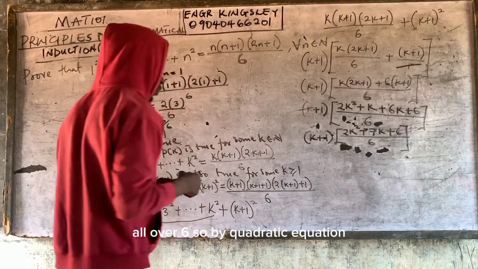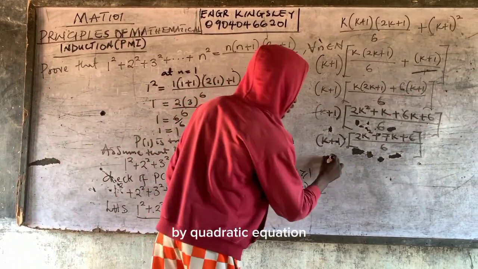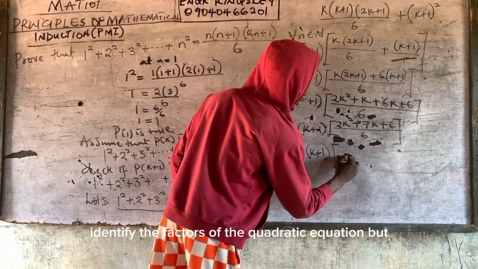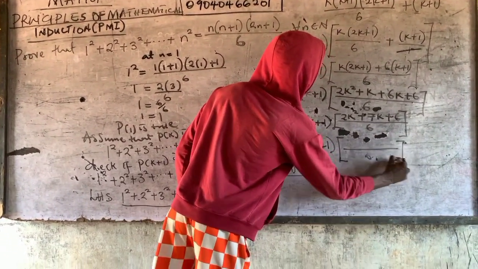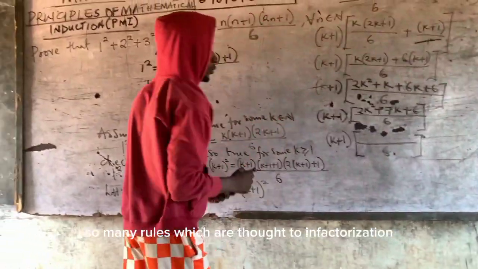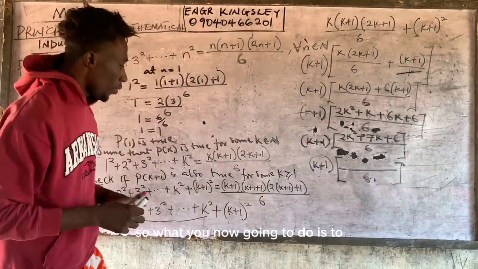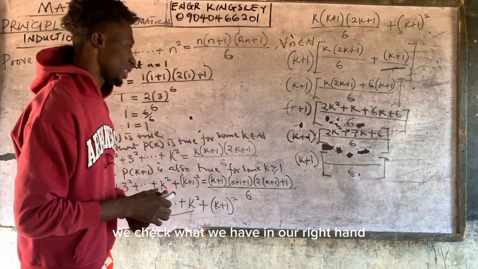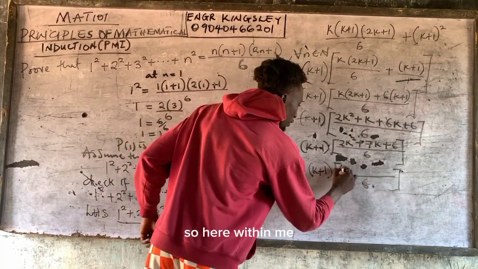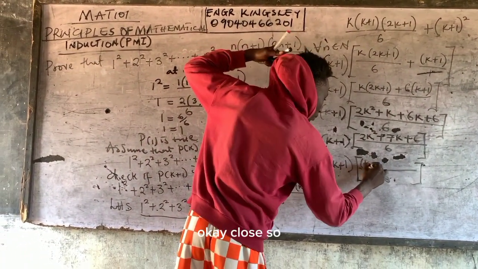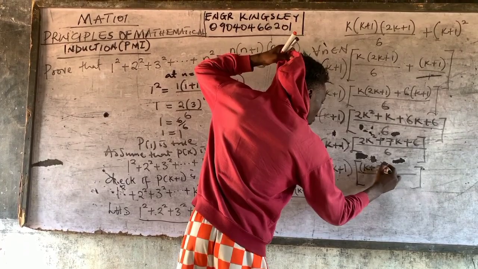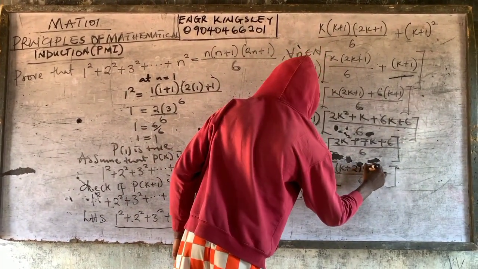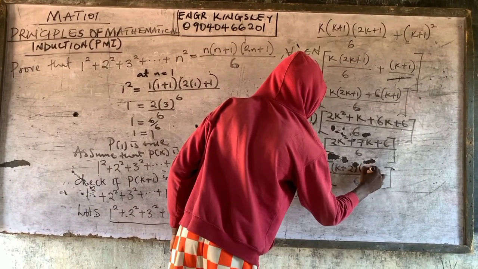So by quadratic equation, as I taught in my previous video, one can identify the factors of the quadratic equation by so many rules which I've taught you in factorization. So what you're now going to do, if that will be hard for you, is check what we have in our right hand side and place it there. So here will give me k plus 2, which is the factors of this quadratic equation, and 2k plus 3.